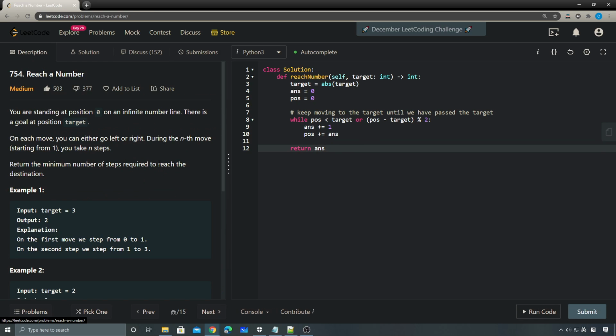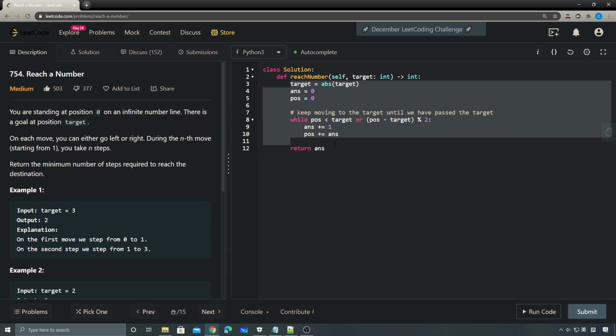I think that's pretty much everything for this problem. The code is very short, but the proof is a little bit tricky, and the greedy approach is also kind of tricky.